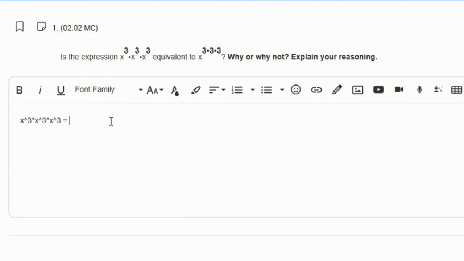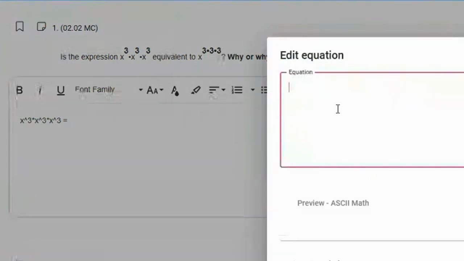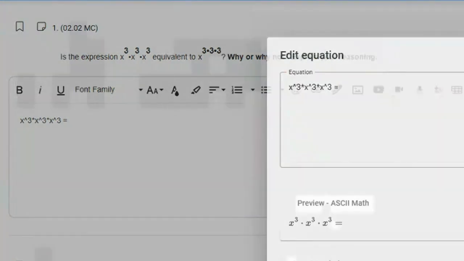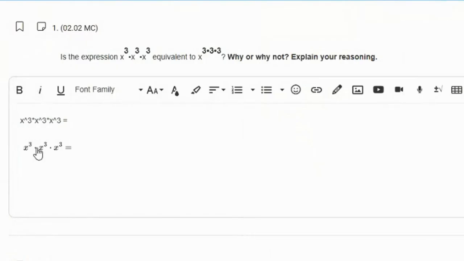Anytime that you are typing equations, use this button. It says insert equation. If I type this same thing in this, look how that looks: x to the third times x to the third times x to the third. This is so much easier to read, and you will get less confused when this starts piling up like this.